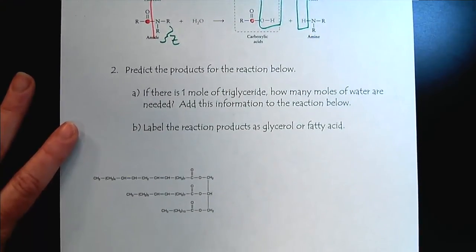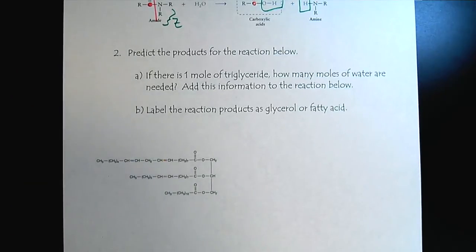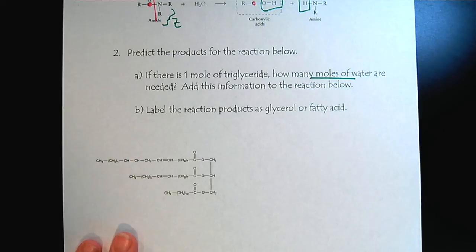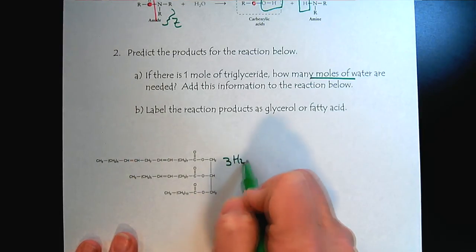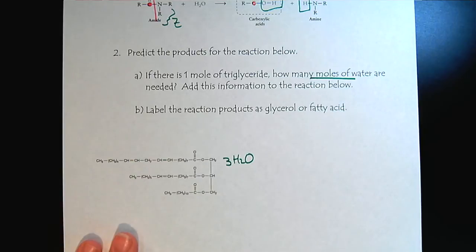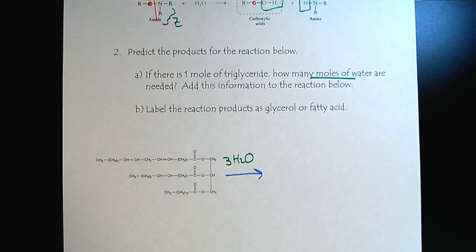So here is a molecule for us to practice on, right? So here we have a triglyceride. And so if we have 1 mole of triglyceride, how many moles of water are needed? All right? So we're definitely going to need 3 moles of water, because we have 3 esters to hydrolyze.